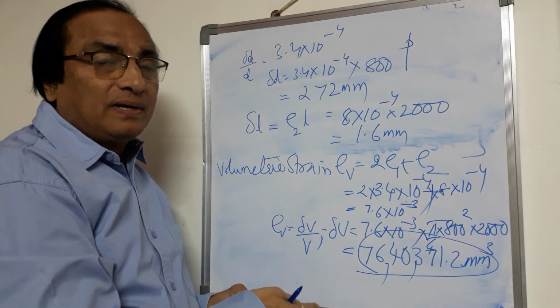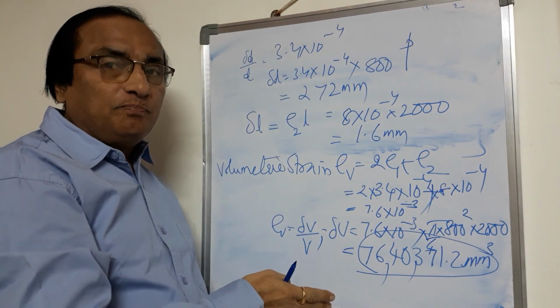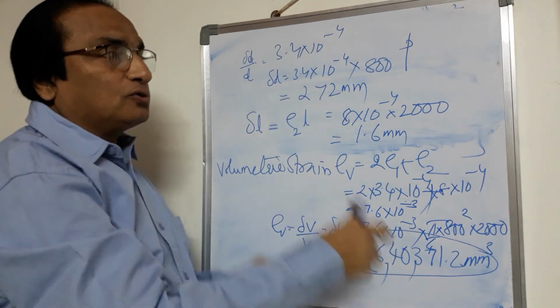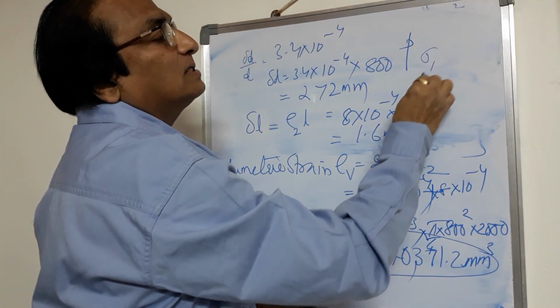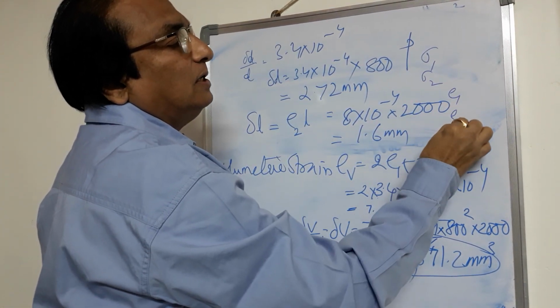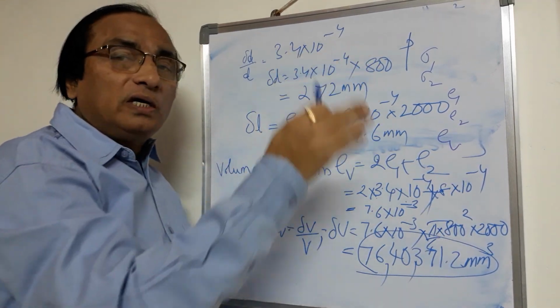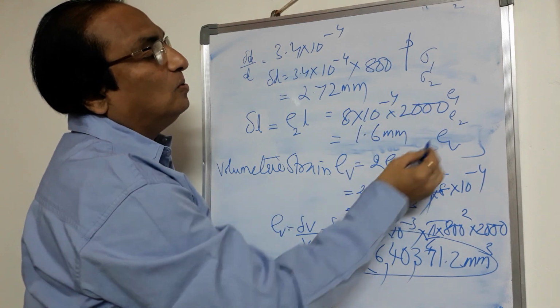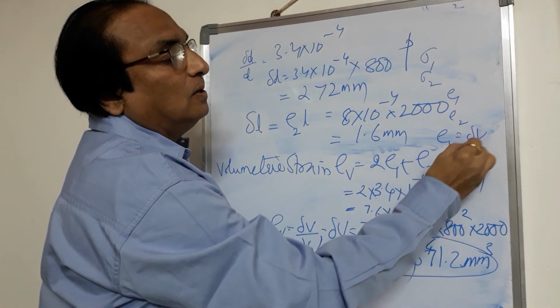If you begin from the first principles, P is unknown there. So all the values you get of sigma 1, sigma 2, E1, E2, EV are all in terms of P only. Finally, EV will be equal to change in volume by original volume.